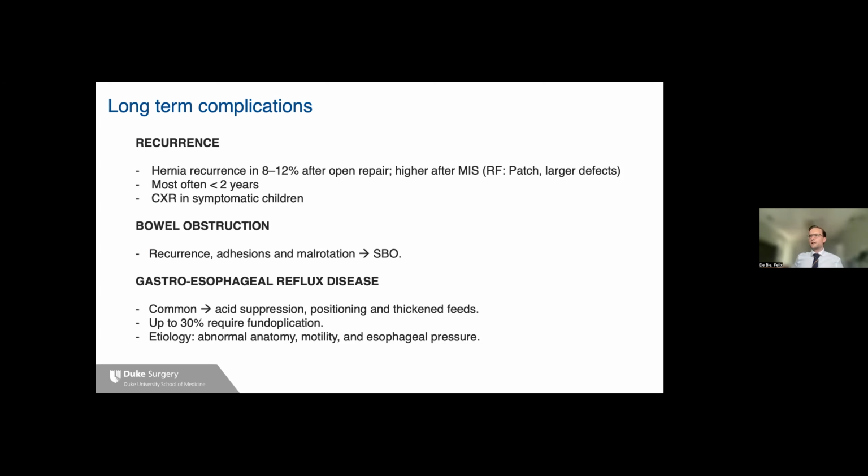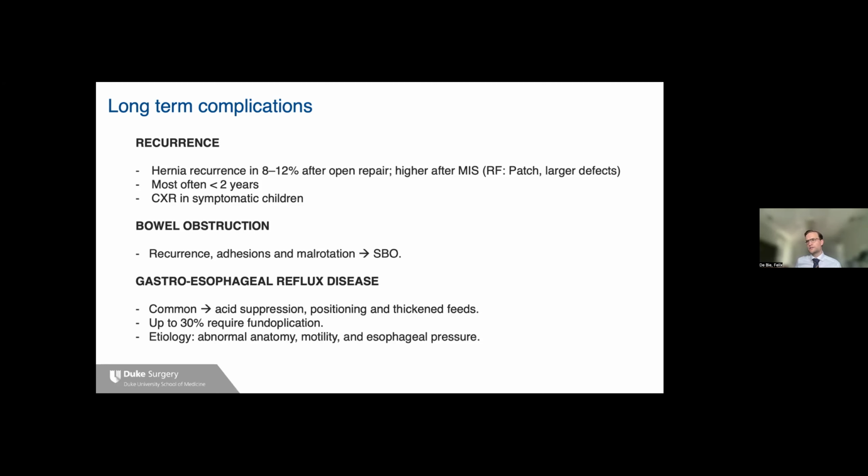Two last slides about long-term complications, just to be aware of what can happen to those kids down the road, like 5, 10, 20 years out of the neonatal period. Recurrence happens in 8 to 12%. There's a higher chance of recurrence when a patch is used or when the defect is larger, for intuitive reasons.